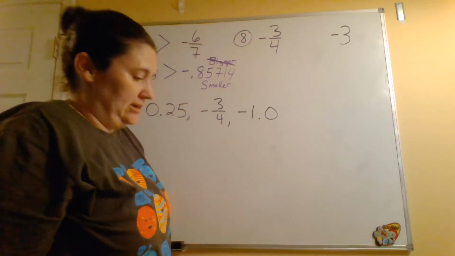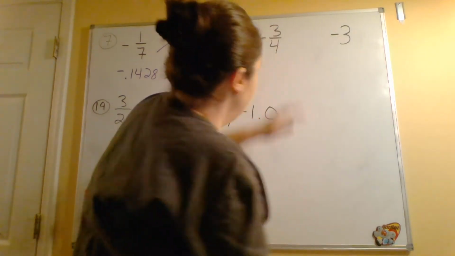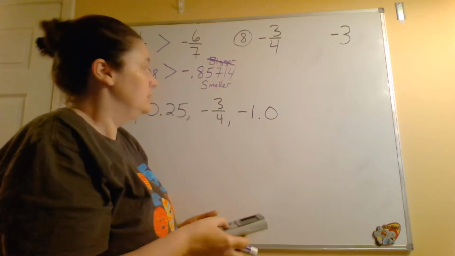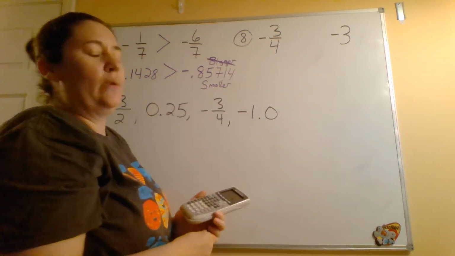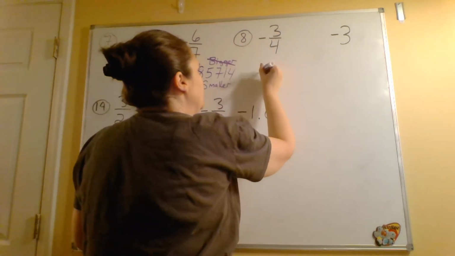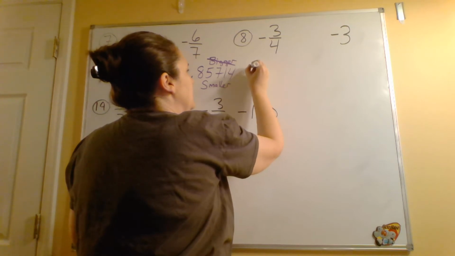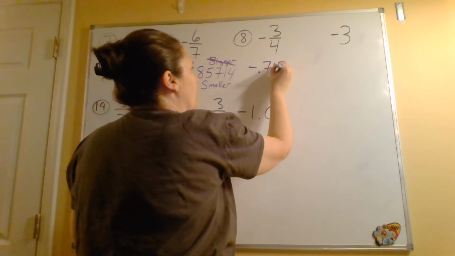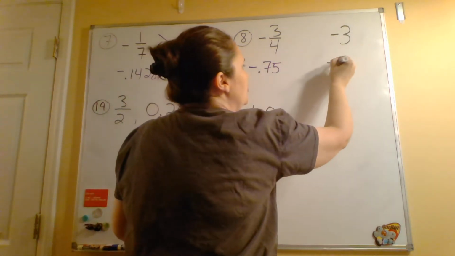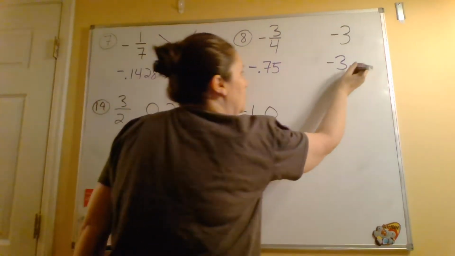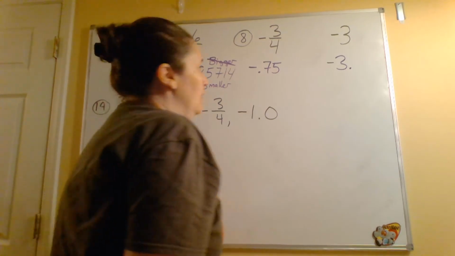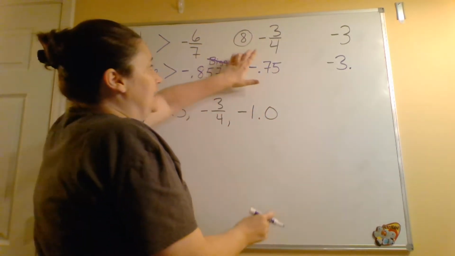For number 8, let's turn this into a decimal. We need to take 3 divided by 4. That's 0.75, so this is -0.75. And this is just -3. It's already a decimal. The decimal point's just invisible. Now, forget about the negative signs.